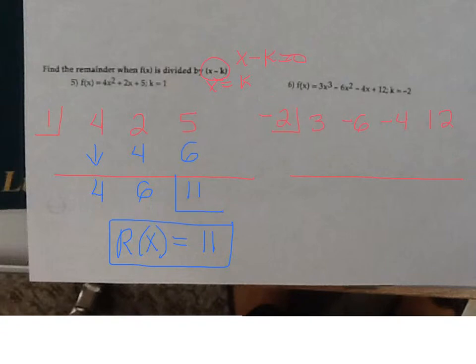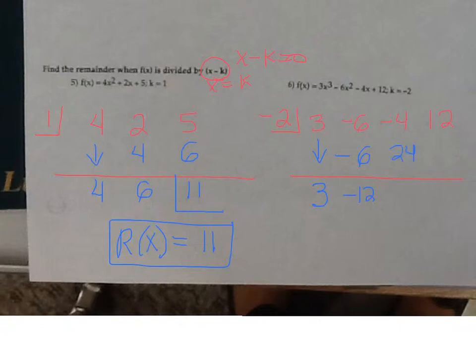And then you divide. Again, you bring the first number down, then multiply by the divisor, which is -2, and that's -6. So -6 and -6 is -12. -12 times -2 is positive 24.